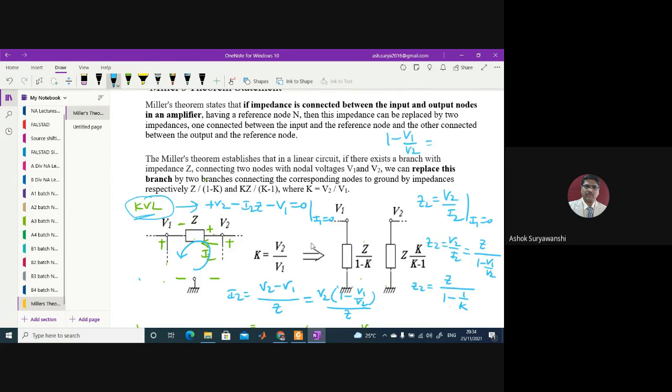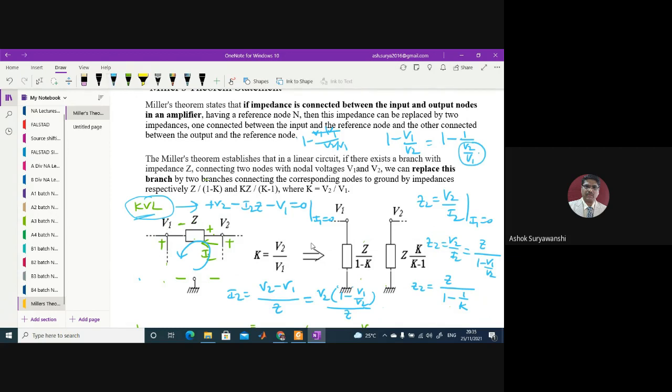I can write this term as 1 minus 1 upon V2 upon V1. That means I have divided the numerator and denominator by V1, so this V1 will get cancelled. It is 1 minus 1 upon V2 by V1. And what is V2 by V1? It is AV or K.